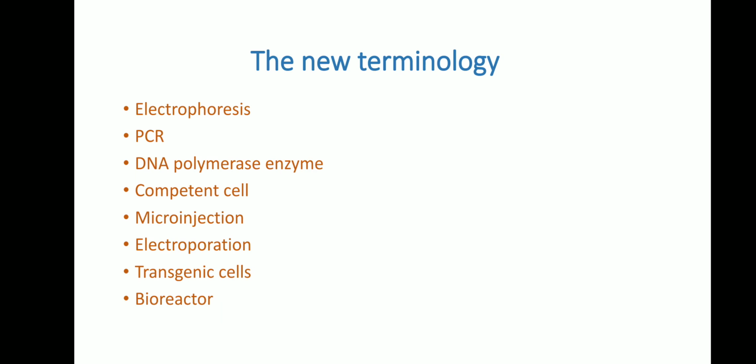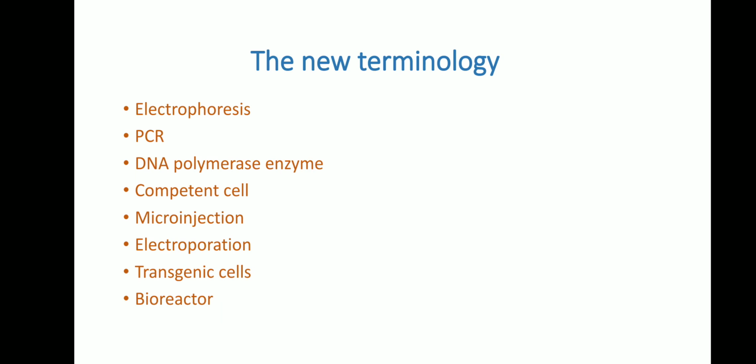A competent cell is a powerful cell which has the capability to accept the recombinant DNA easily. Then the microinjection process. Microinjection is a technique in which transformation occurs. The new DNA, the recombinant DNA, the foreign DNA, is loaded into the needle and directly injected into the nucleus of the cell. Then the electroporation process.